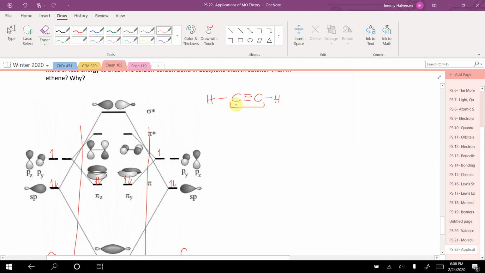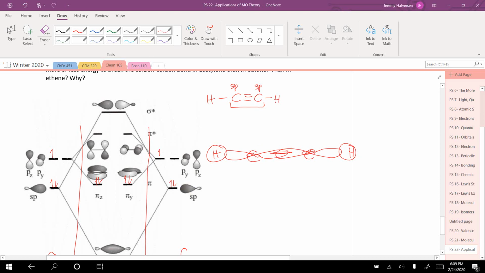So what it's saying is, we know each of these carbons is sp hybridized. Each of them has 1 sp orbital going over to the H and 1 sp orbital going between the two to form the sigma bond, okay, in valence bond theory.